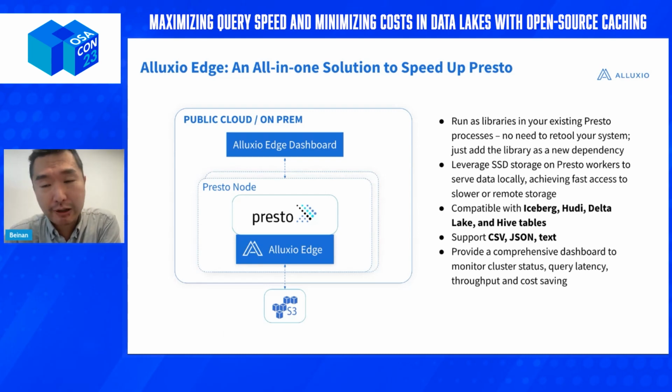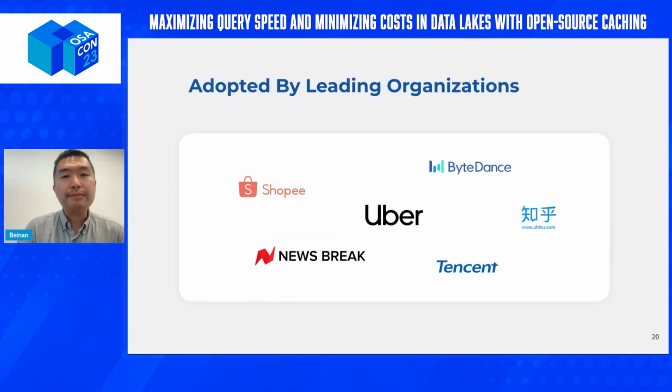We support a lot of file formats here, and we also provide a dashboard. I will show the dashboard later. You can have an overview of how your compute engine works and how the data transfer is doing. This kind of technology, which we call local cache or Alluxio Edge, has been adopted by many tech giants like Uber, Beinan, and Shopee. Also, Meta is using something very similar. It's also provided by us.